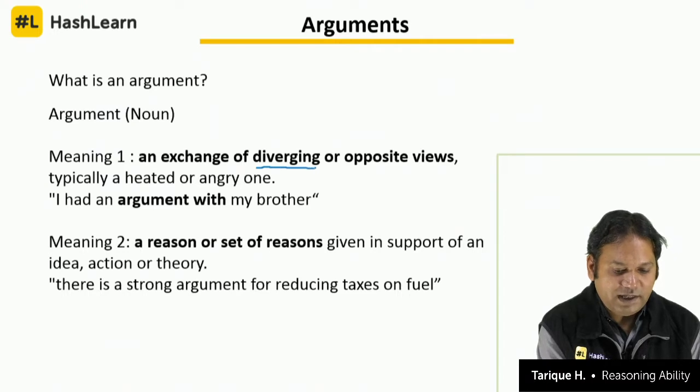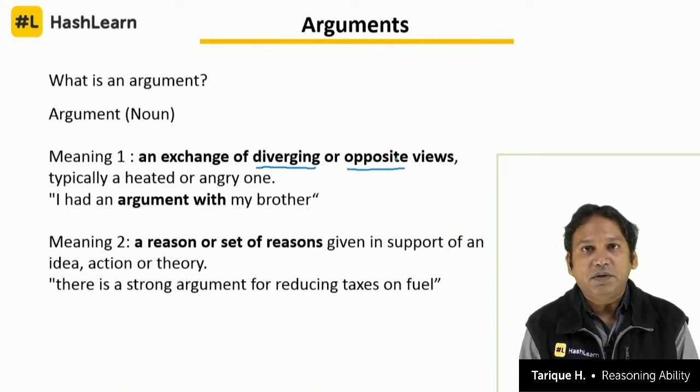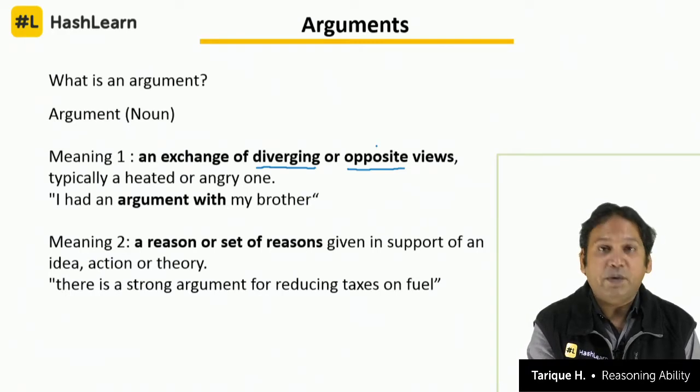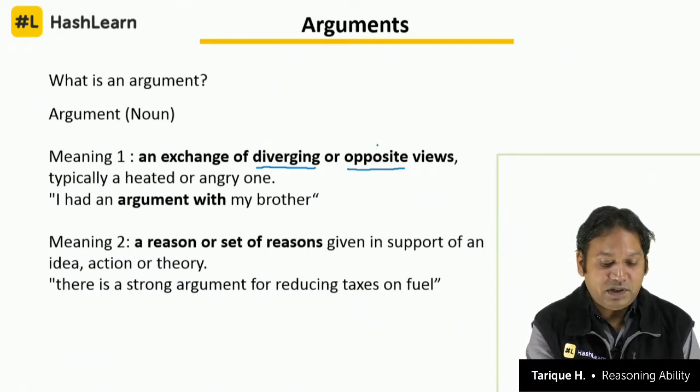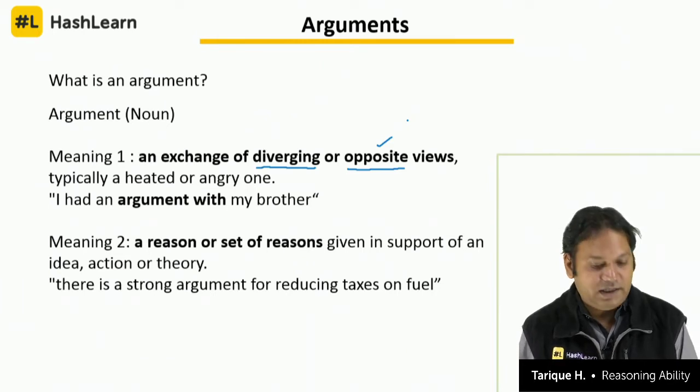People are going in two different directions with respect to one thing, and that is the meaning of diverging. Why are they going in two different directions? Because they have opposite views. For example, I like coffee and you like tea. We can argue about that on and on and on.